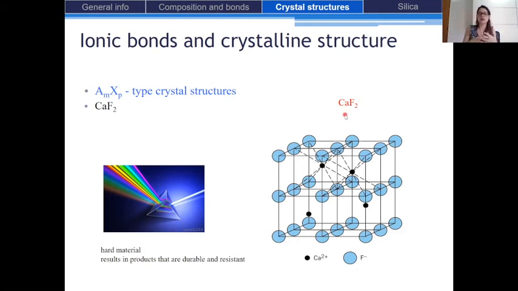So in order to get an electrically neutral unit cell, in fact, you will have to represent this situation. It's like you have 8 cubes of fluorine, and only 4 of these cubes have a calcium cation at the center.